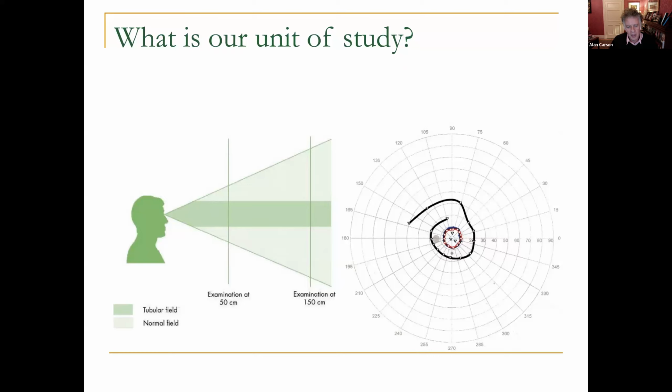And to illustrate what I mean by that, this is an example of somebody who might come to my outpatient clinic with what's called a tubular visual field, complaining of restricted vision. The patient I've got at the moment with this problem is registered blind, so they're highly disabled by it.